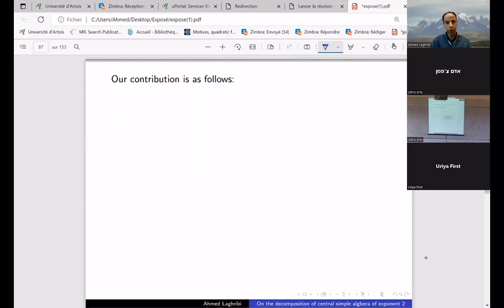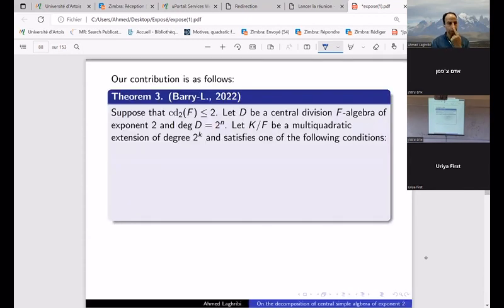So our contribution on this problem is the following. Suppose that the cohomological two-dimension of F is at most 2. Let D be a central division F-algebra of exponent 2 and degree 2^n. And let K be a multi-quadratic extension of degree 2^k, such that K is one of the following types.